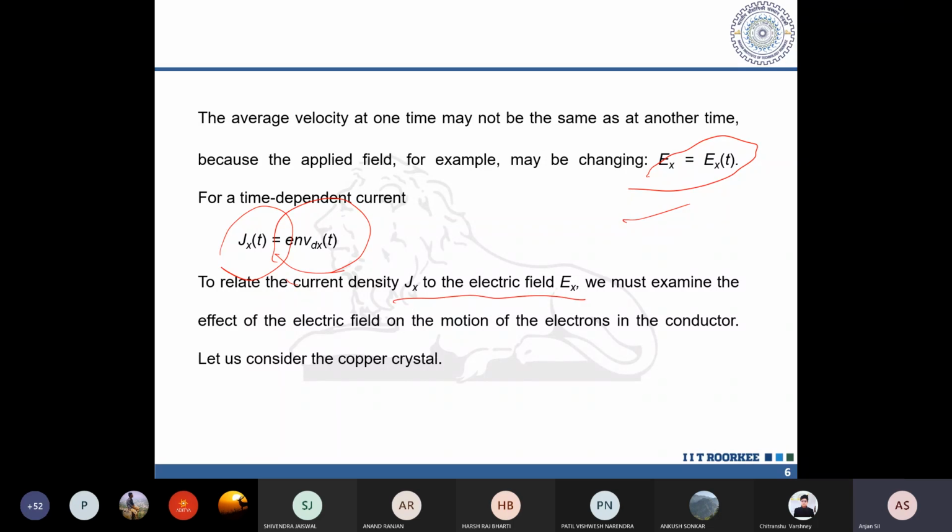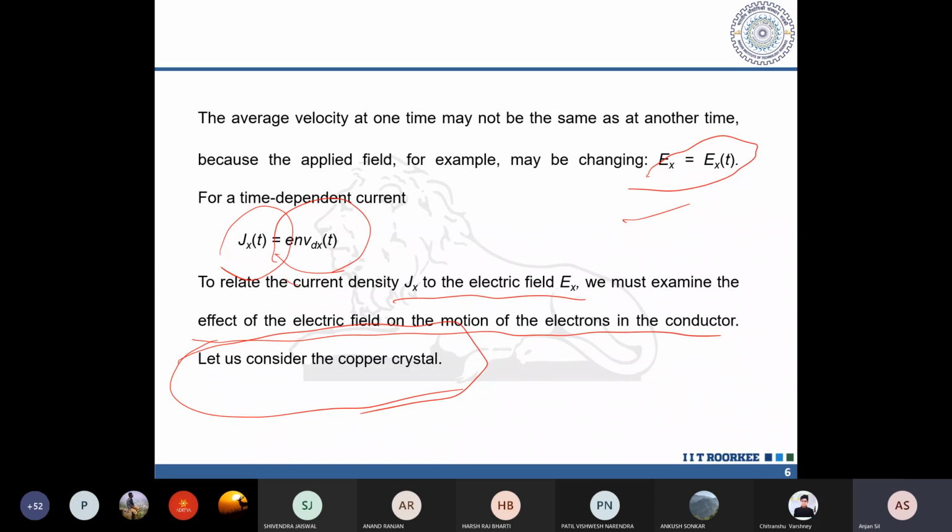Therefore we must examine the effect of the electric field on the motion of electrons in the conductor when it is dependent on time. To demonstrate that, in literature it is very simple to take a copper crystal, a metallic or FCC crystal, and work it out.